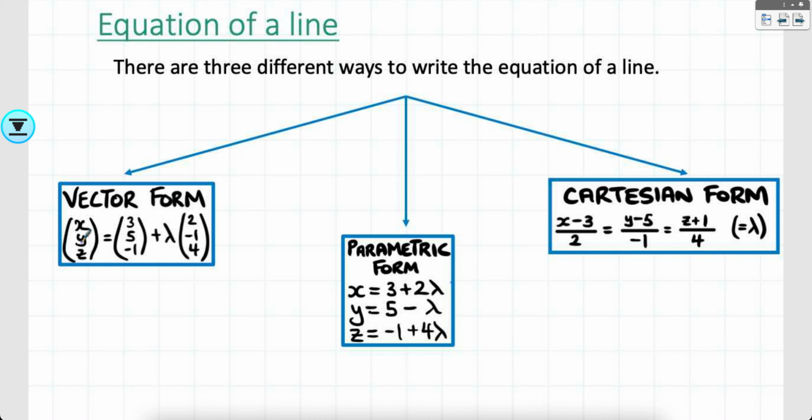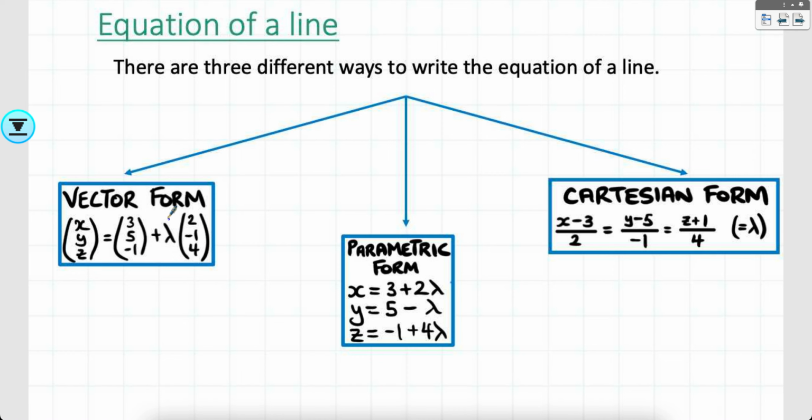If I need an x, y, and z, all I have to do is replace lambda with an actual number, and solving or simplifying this will give me a point on the line. So very similar to doing y equals mx plus c, for example. You replace the x with a value, it gives you a y value, and therefore you get a coordinate on the line. Same idea.